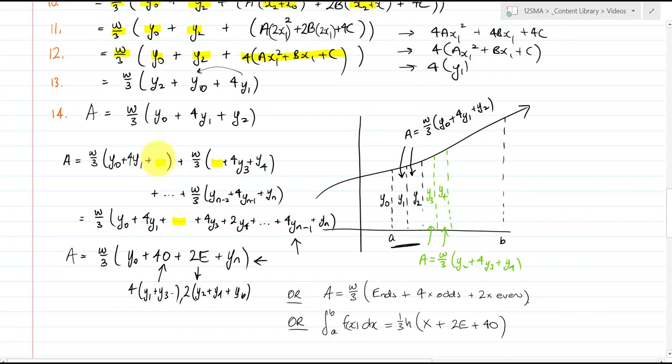And so I've got here y2 and y2. When we put those two y2s together, we get 2y2. So I've got y0 from the first one, 4y1 from the second one, then 2y2 because I've got the 1 from the first grouping here and the one of them from the green grouping. And then I've got 4y3 from the green grouping, and I've got 2y4, one of them is from the green grouping and one of them is from the blue grouping.